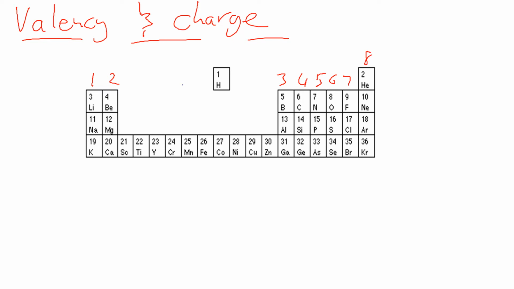In group 1, we have a valency of 1. In group 2, we have a valency of 2, and so on up to group 8. Now valency, remember, tells us the number of electrons in the outer orbitals, and these are the electrons that are involved in bonding.